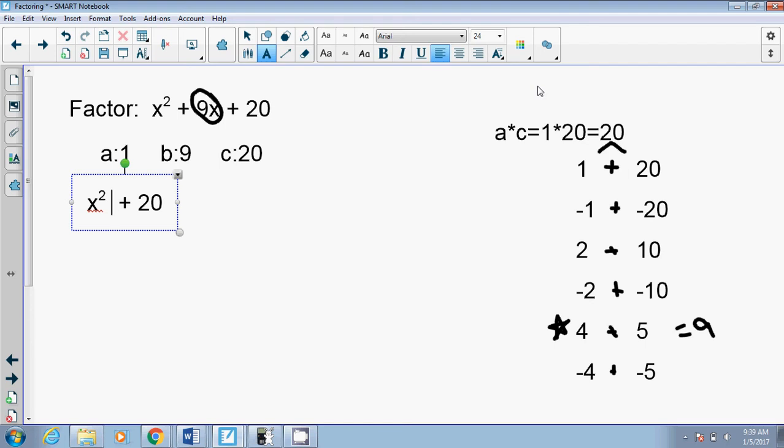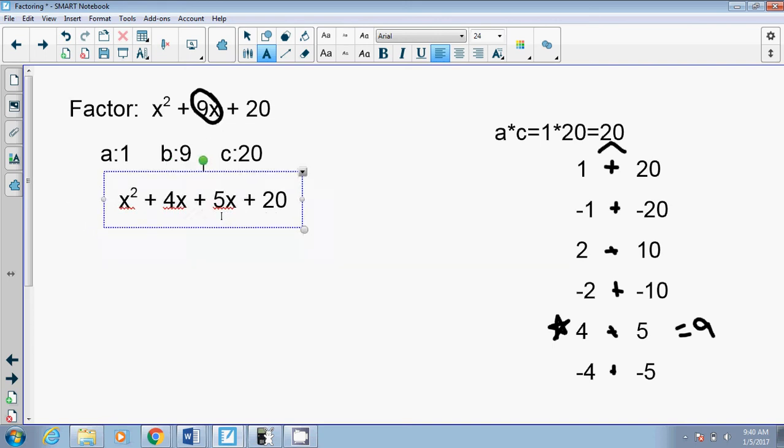But in between, I want to change that 9x to a 4x and a 5x. So 4 and 5, those were the factors I chose. So I'm writing 4 and 5. And notice there's an x after the 9, so I have to keep an x after them.